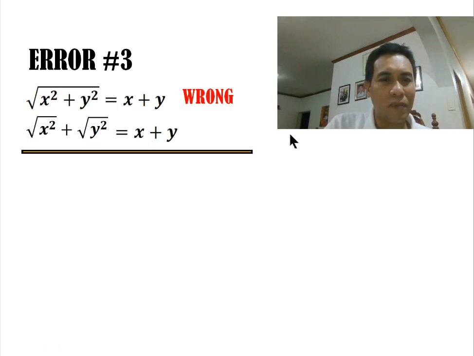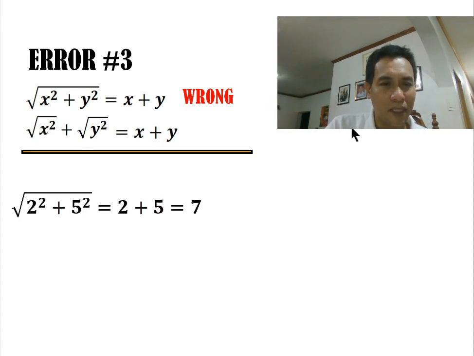I'll give you an example. If this will be the case, if we have the square root of 2 squared plus the square root of 5 squared, it is equal to the square root of 2 squared is 2 and the square root of 5 squared is 5. So the answer is 7. This is wrong. We'll take a look at the correct answer.